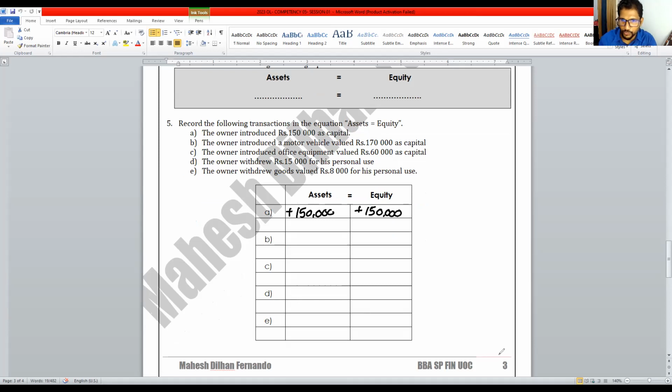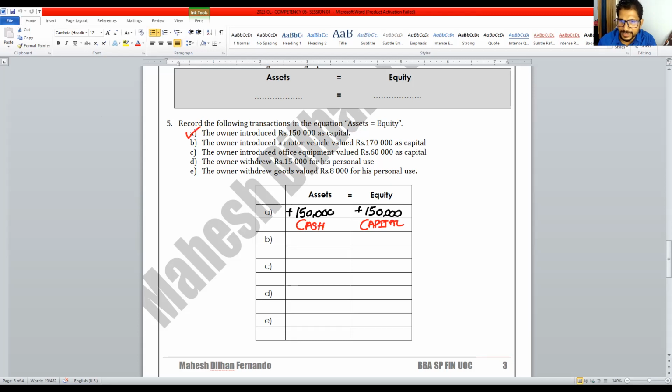Now, if you want, you can write what increases. What is the asset that increases? Cash. Equity, capital. Increased equity is named as capital. It is how we record the first transaction.